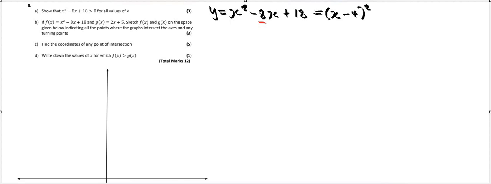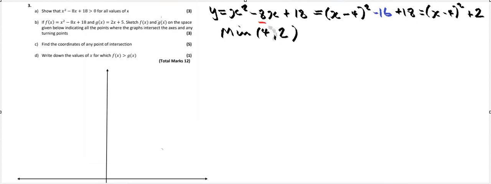So I have to remember to subtract 16. And then I've got the 18 that I had at the beginning. So once I put those all together, I've got x minus 4 squared plus 2. So my minimum point is going to be 4, 2. Okay, so that's my minimum point, 4, 2.